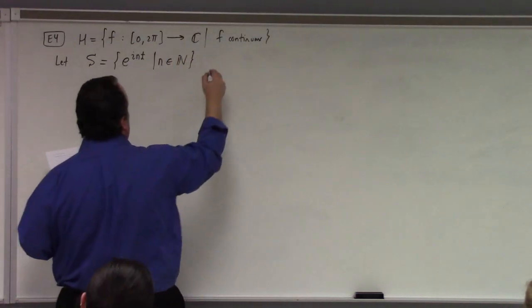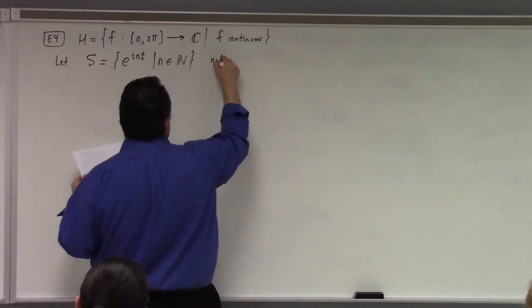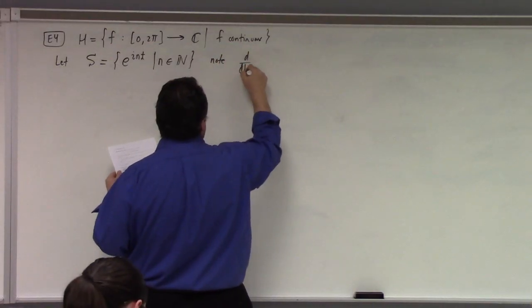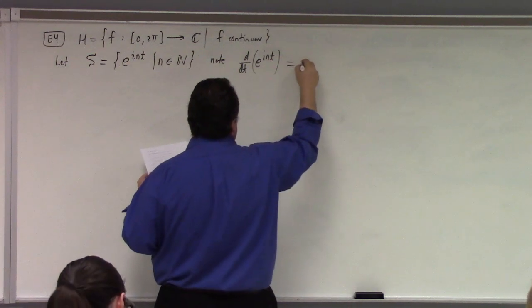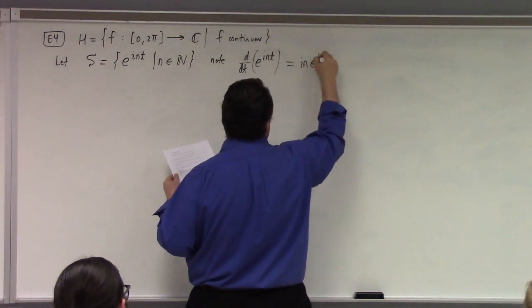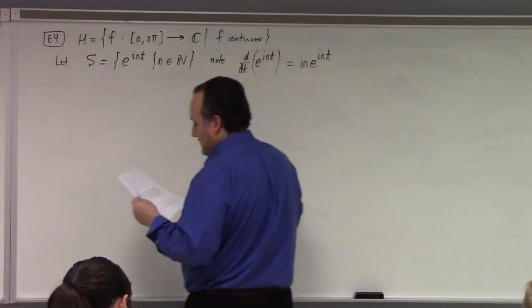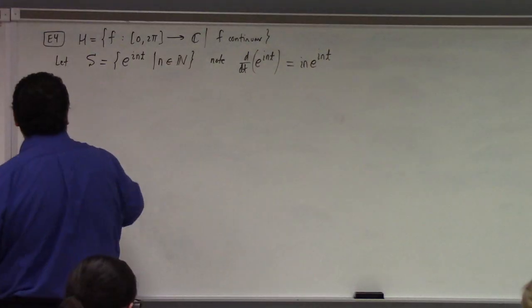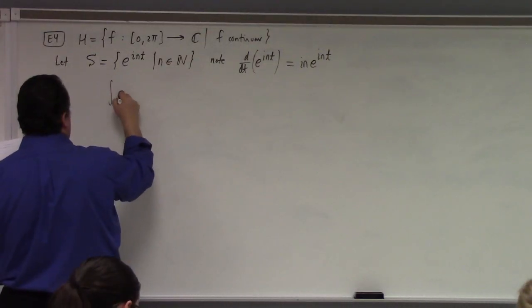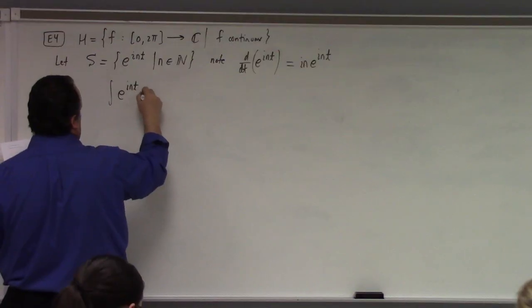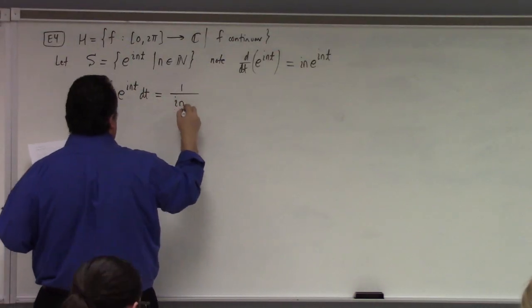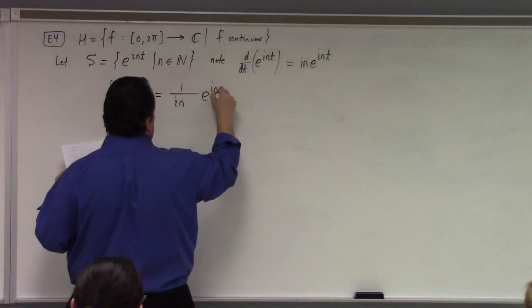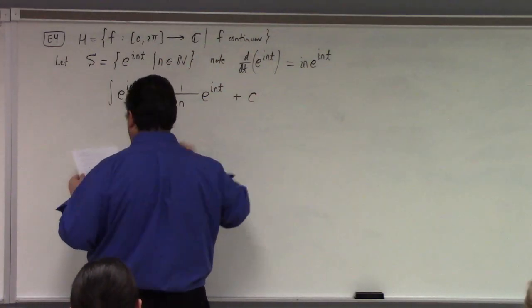All right. So note that the derivative with respect to t of e^(int) is in e^(int). That's how that goes. And so the integral of e^(int) dt is actually 1 over in e^(int) plus a constant.